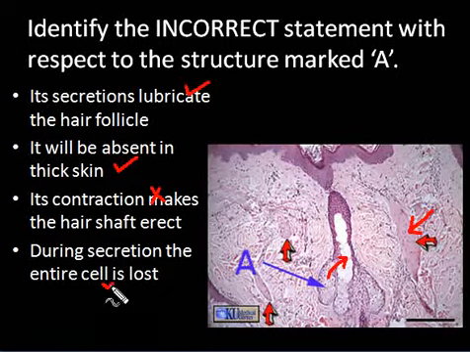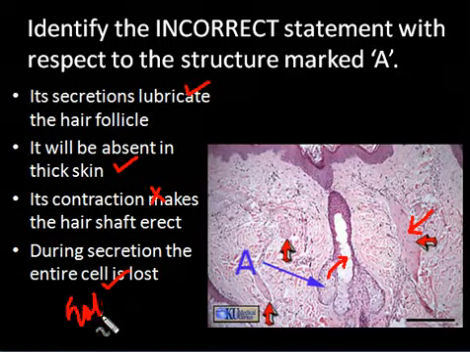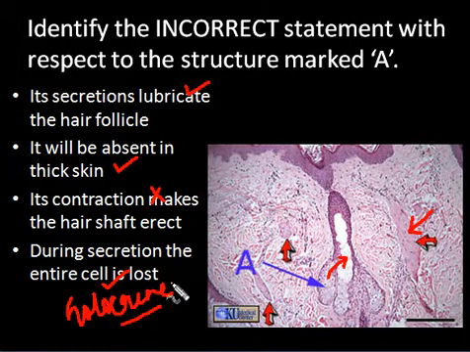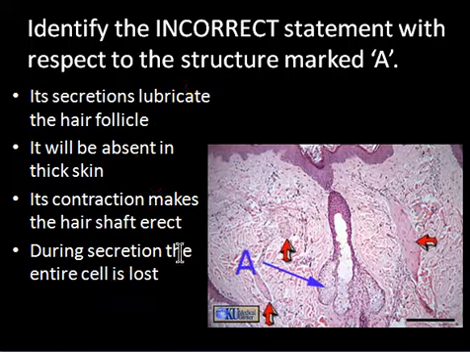That is true, because this sebaceous gland is what is called a holocrine gland. So holocrine glands are glands where the cells are completely disrupted when the secretion occurs. So therefore in this question, this is the incorrect statement, and therefore the answer to this question.